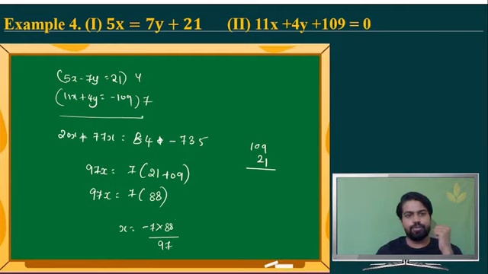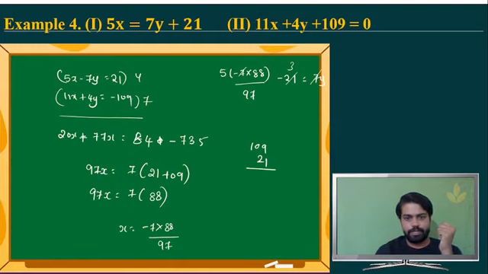So when we substitute back in this, if it is minus, what happens? Let's see. 5 into minus 7 into 88 divided by 97 minus 21 equal to 7y. Again I can cancel out 7. 7 ones are 7, 7 threes are 21, so this 7 is cancelled.